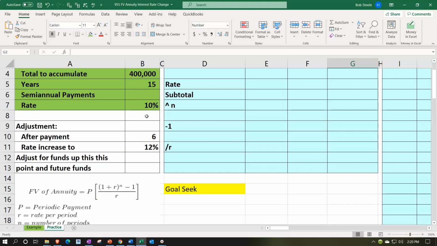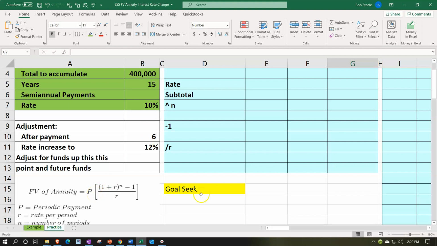Therefore, it would be 10 divided by 2, or 5%. N, the number of periods, is also a little bit tricky because it's 15 years, but periods are semi-annual, so 15 times 2 or 30 periods. Once again, same R here, 10% divided by 2 or 5%. Then we can solve for P algebraically.